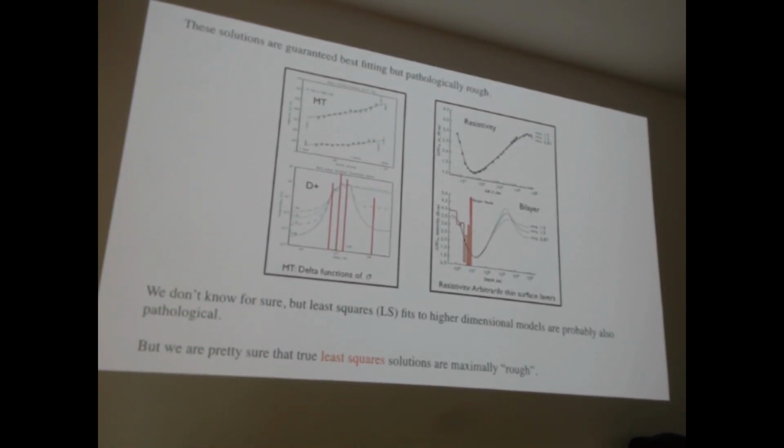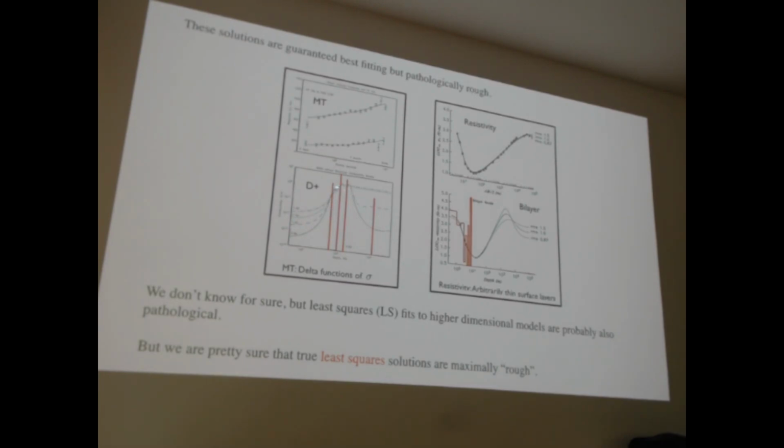Generally speaking, even if you don't have this analytical solution, as you try to fit your data better and better, your models get rougher and rougher. That is the nature of the geophysics we do. These are smooth models in the background here, and as I try to fit the data better and better, the smooth models get pointier and pointier.